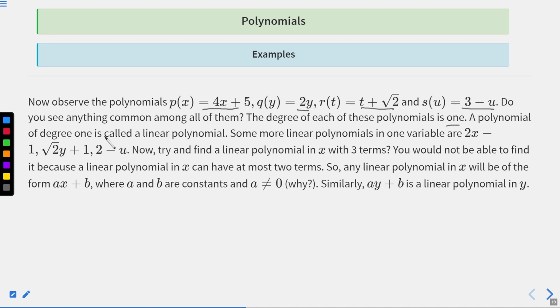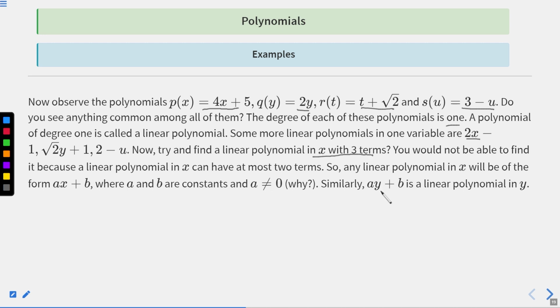So each of these polynomials is a linear polynomial. Some more linear polynomials in one variable are 2x minus 1, root 2y plus 1, and 2 minus u. Okay, and now try and find a linear polynomial in x with 3 terms.